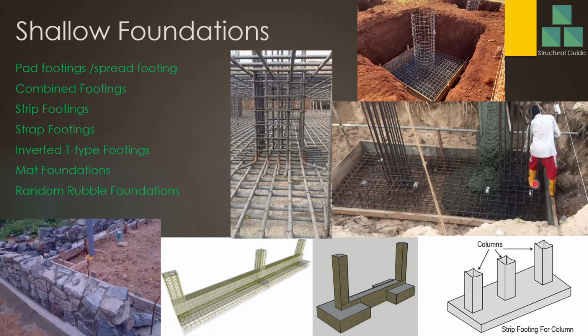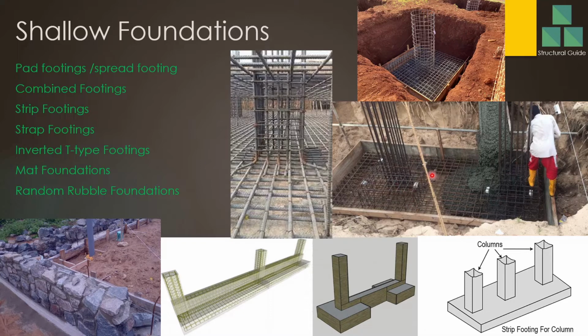Combined footings. You can see here, this is a combined footing. As the name implies, a combined footing is two spread footings combined together. When two columns are close by and the footings may overlap, in such situations we put a combined footing. In other cases, like this, one of the columns is close to the boundary and we can't continue the foundation on this side, so in these situations also we combine the two footings.